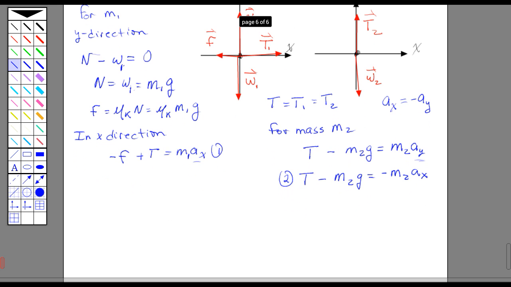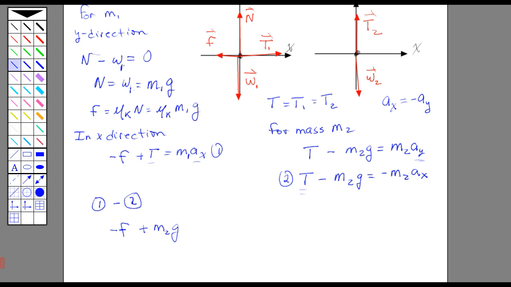Okay. Let's call this equation over here 1 and this equation over here 2. What I'm going to do is subtract equation 2 from equation 1. And on the left-hand side, you can see when we do this, the T's are going to cancel. So we're going to get minus the magnitude of the force of friction plus M2 g, that comes from this term over there.